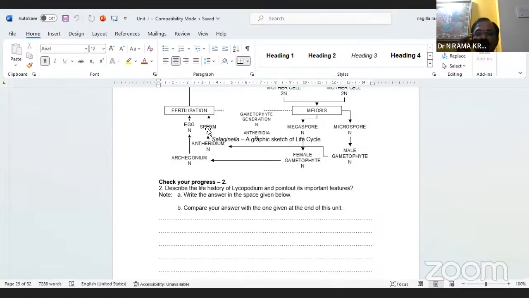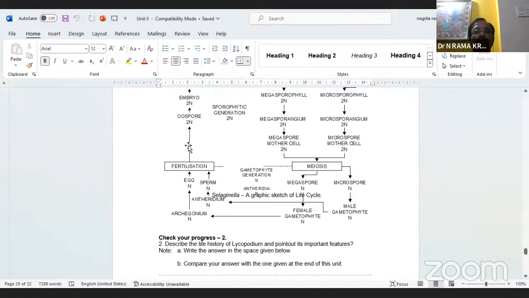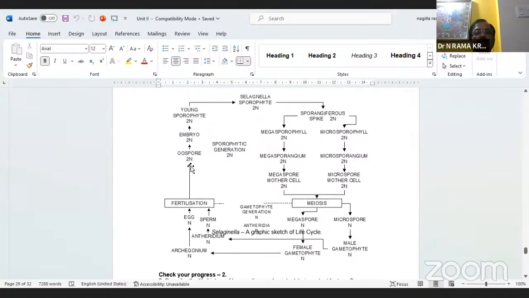After the development, the antherozoids come outside the antheridial chambers and go to the female reproductive organs, where the egg is. When they enter the female reproductive organ, a zygote is formed. After fertilization we call it the oospore, a zygote-like structure.